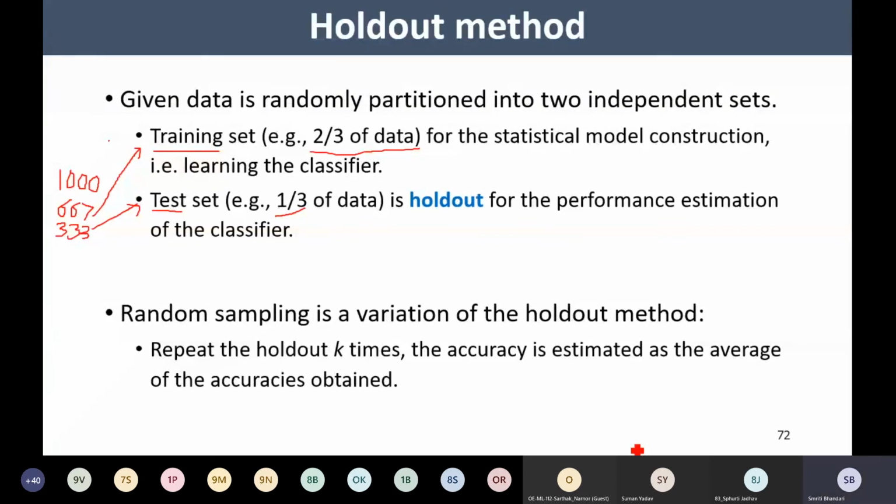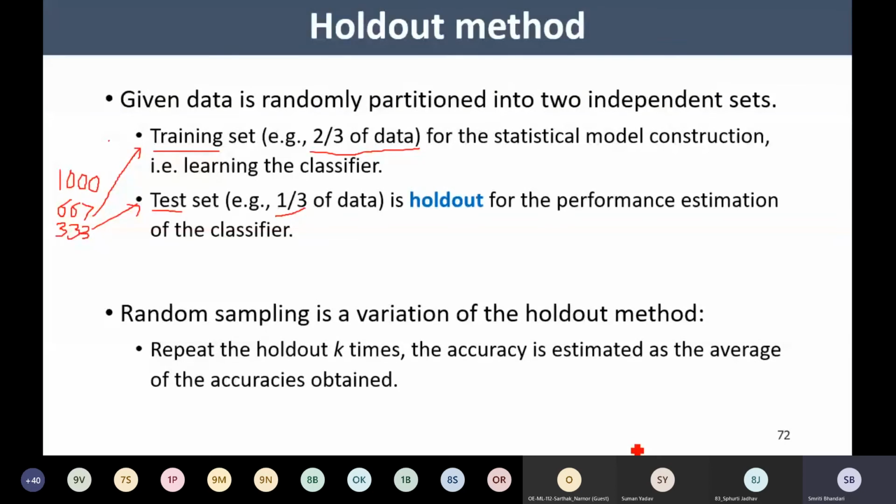And every time, as I am picking my samples randomly, the samples in my training set and test set may differ. So I may have a variety of training sets and test sets.